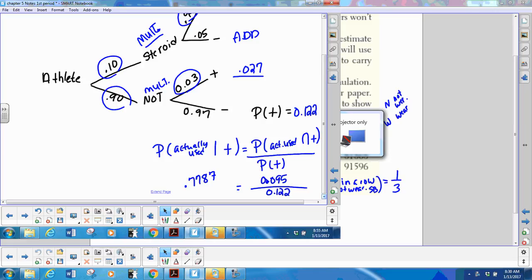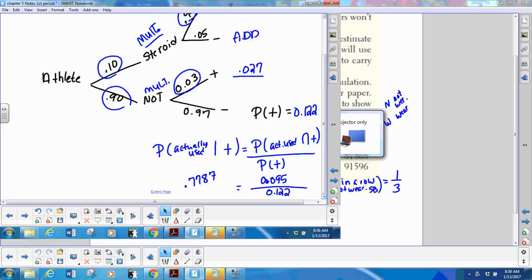That's not that high. It's really not. I'm trying to think through it: given that they tested positive, we're only looking at the folks that tested positive. We've got them in a room, everybody that tested positive. 78% actually used it, so if you get 100, there's 22 people that didn't do anything.